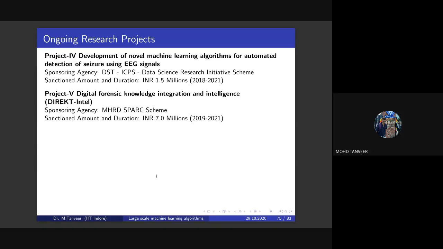And the fifth one is digital forensic knowledge integration and intelligence, which is also going on under the MHRD Spark scheme, and a few more projects are also going on. I could not mention those. If any of you are interested in working on any of these projects, you are welcome. Drop an email to me. The email is already available on the first page. I can show it to you later.